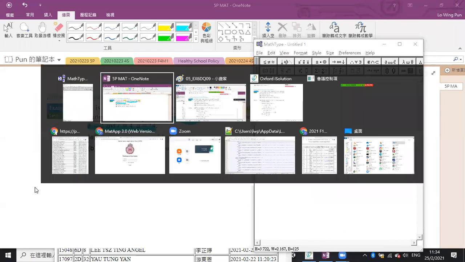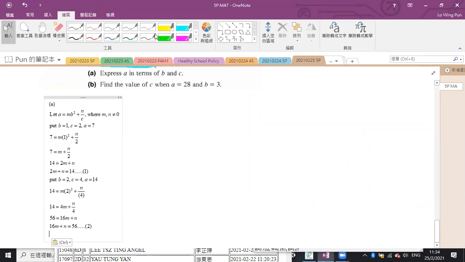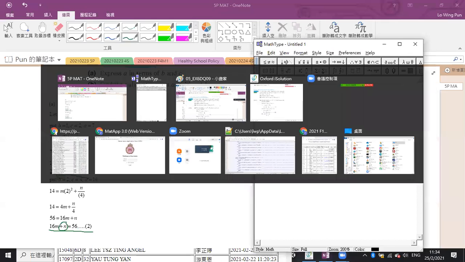Let me copy here first. Now we have equation 1 and equation 2. Notice this time both N terms are plus 1N, so we just use subtraction of the equations.